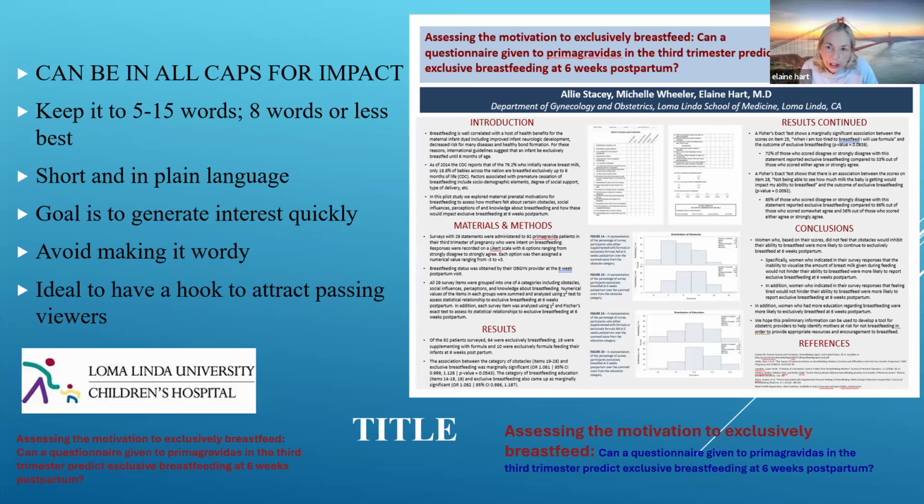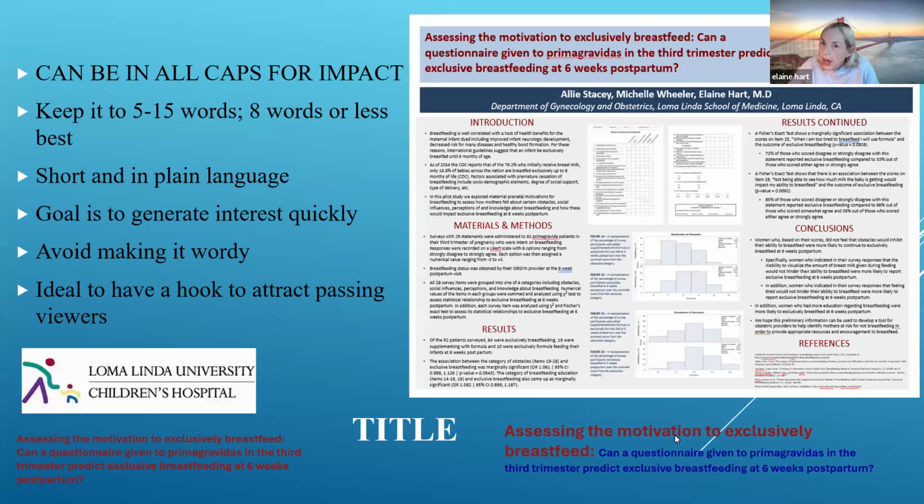Can a questionnaire given to primigravidas in the 3rd trimester predict exclusive breastfeeding at 6 weeks? So at the bottom here on the left side, this is the way it shows, okay? That's not very good. A better way to do it is what I've got on the right side here.